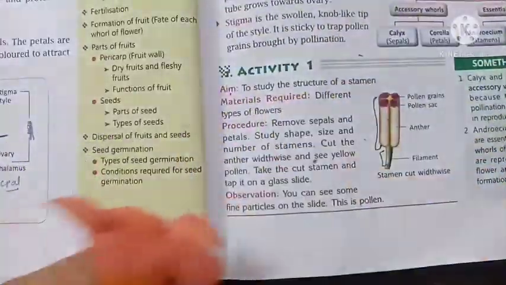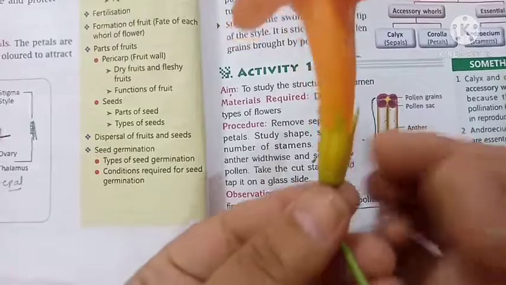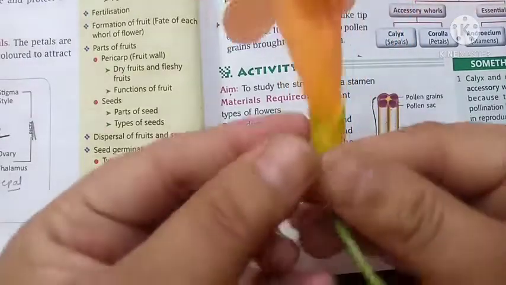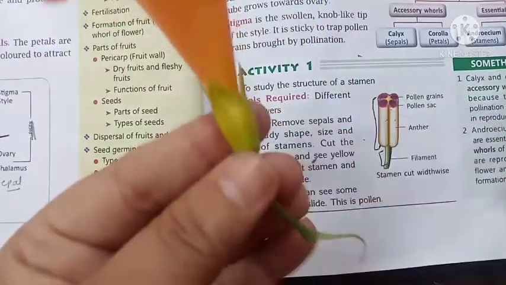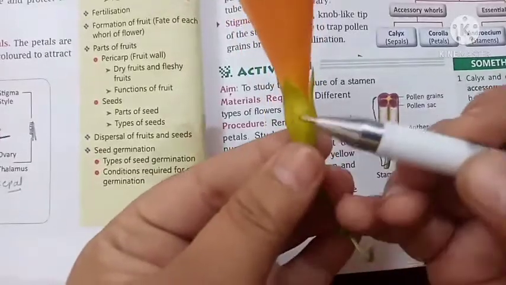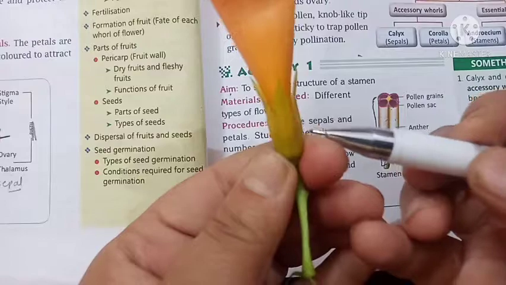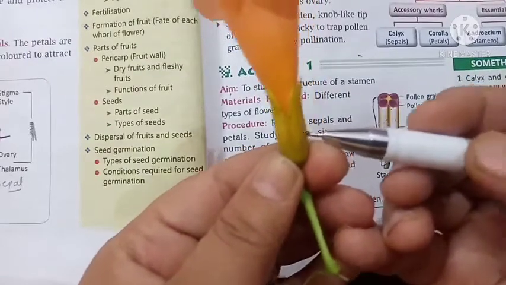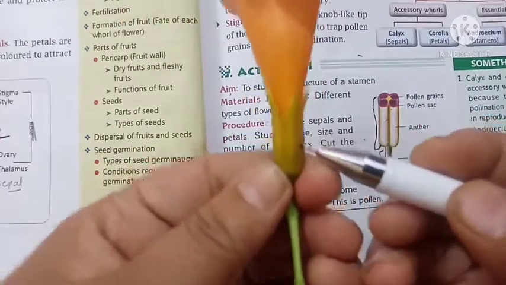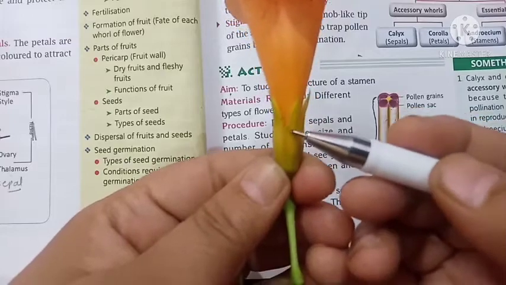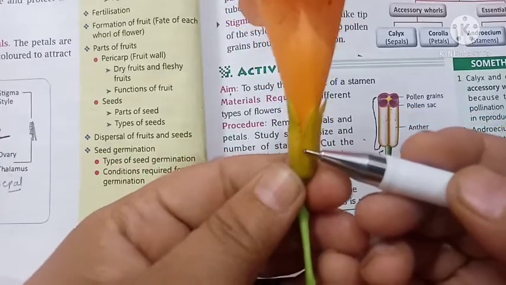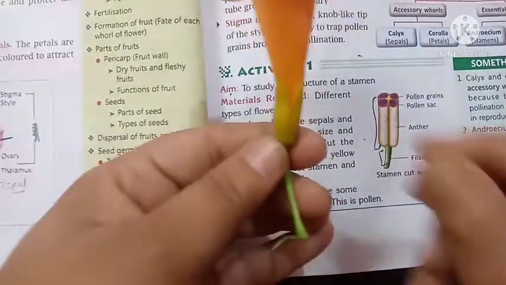After that, children, you can see the green structure on the outside. This green structure is called the sepal. To study the anther, first of all we have to remove the sepals. Let me remove it.